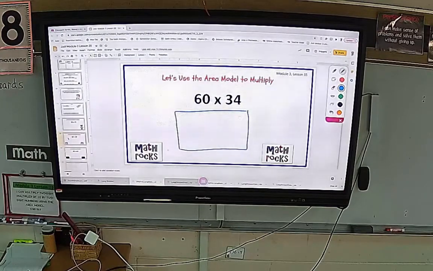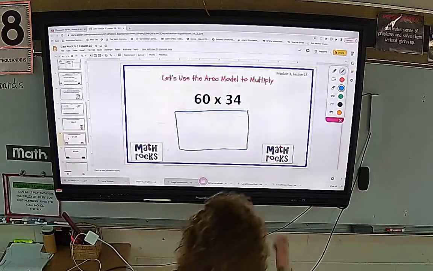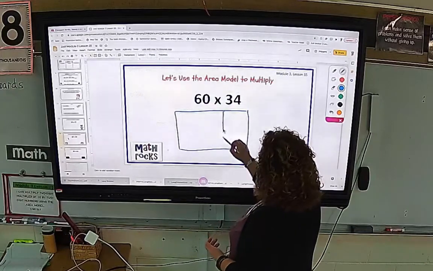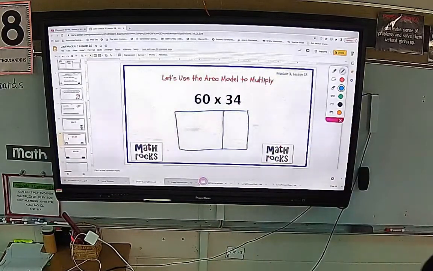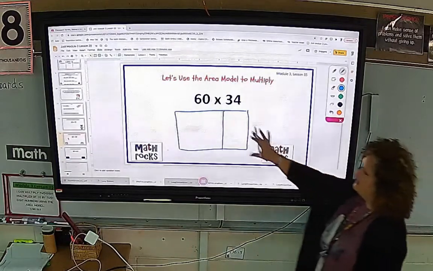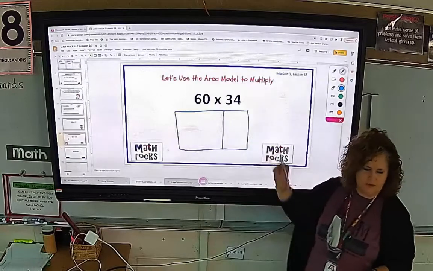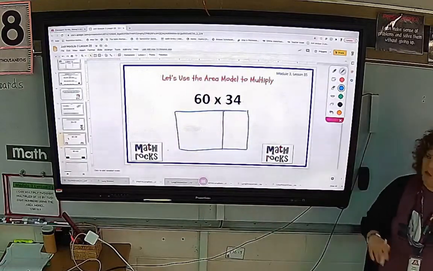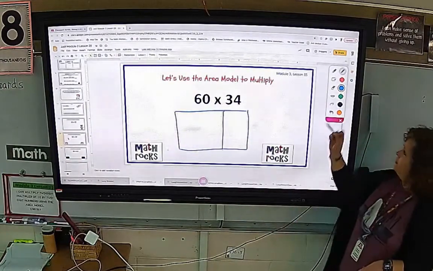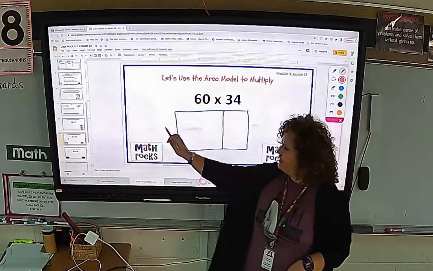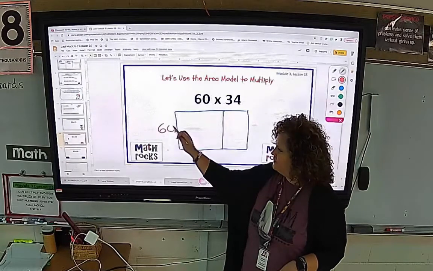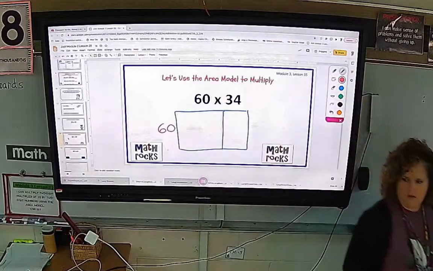And as we do this, you'll figure out, oh, this is too big or this is too small. All right, we are going to cut it one time. We're going to cut it right about there. Most of the time it's not cut right in the center because we have a larger piece for the tens place, smaller piece for the ones place. All right. So now we're going to put our numbers in our math problems. 60 is going to stay on this side because we're not pulling it apart. 60 and 34.